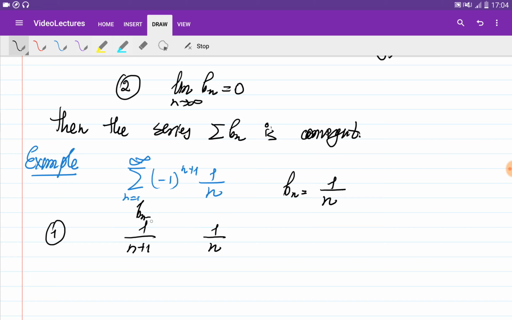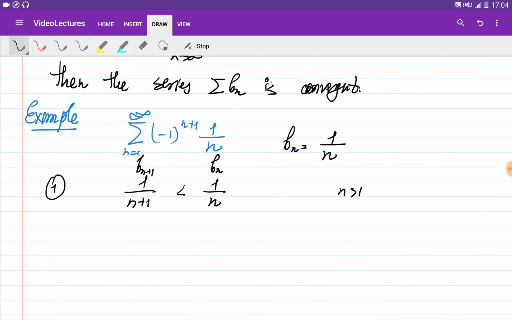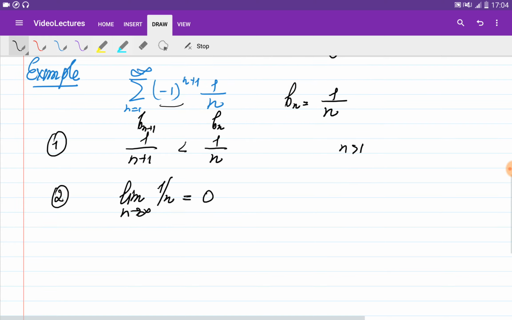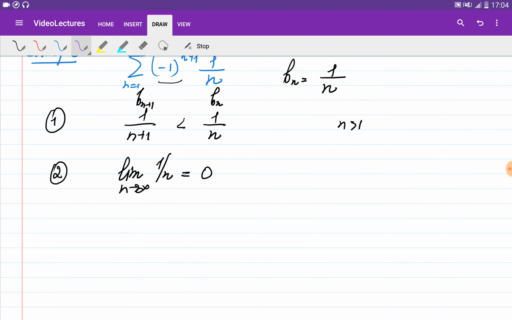It is clear that for n at least 1, 1 over n plus 1 is always smaller than 1 over n, so the first condition is fulfilled. The second condition: the limit of 1 over n when n goes to infinity is equal to 0. So both conditions are fulfilled, and that is why this series is convergent. Even though the harmonic series without alternating signs, the positive series, is divergent, the alternating harmonic series is convergent.